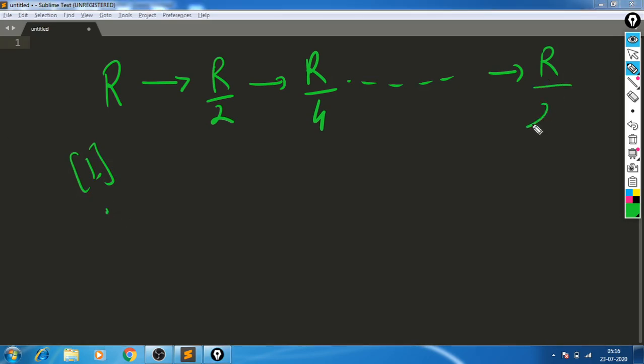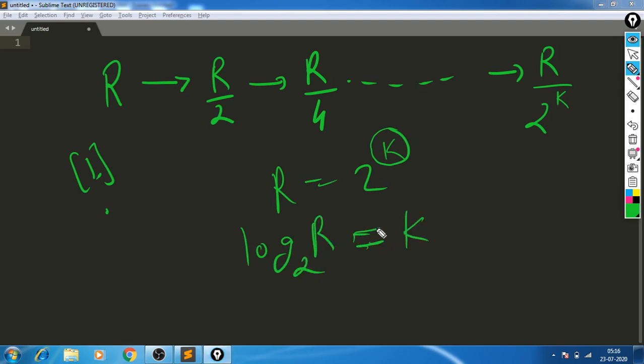So assume that after k steps you will reach a search range of exactly one element, and this means that 2 power k equals R, because this is one element. So you can say R equals 2 power k. You want to find after how many steps you will reach this point. So you can take log base 2 on both sides, and you will get k equals log of R, and that is the time complexity for binary search.